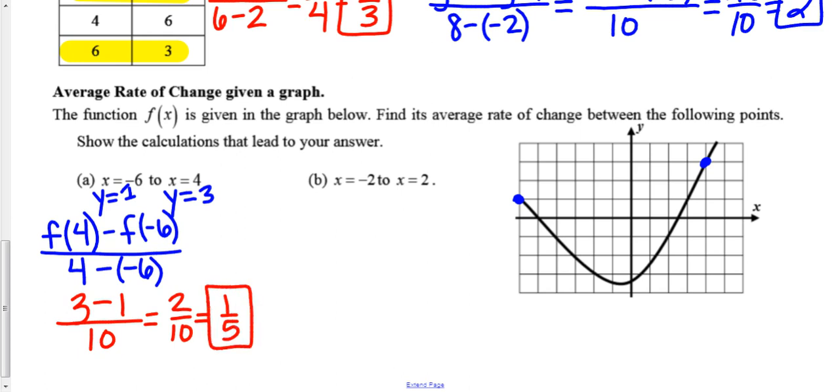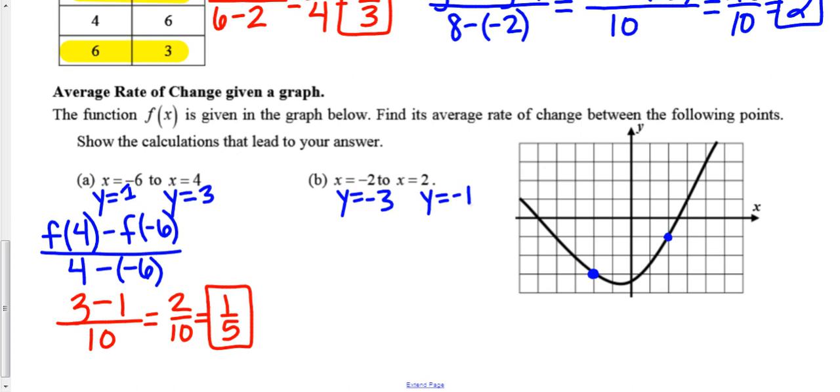Let's try this again for B. Same thing, I'm going to start with x equals negative 2. At x equals negative 2, my y coordinate looks like negative 3. And when x equals positive 2, my y coordinate is negative 1.